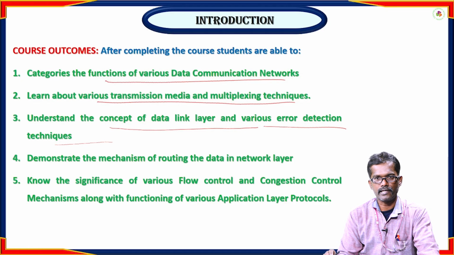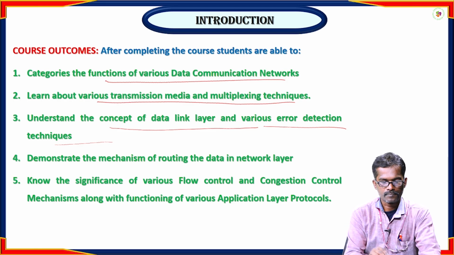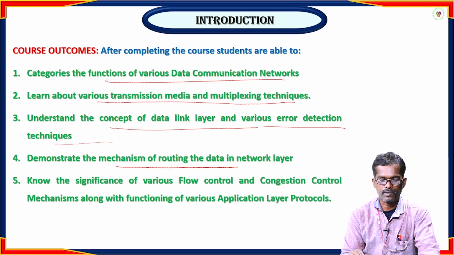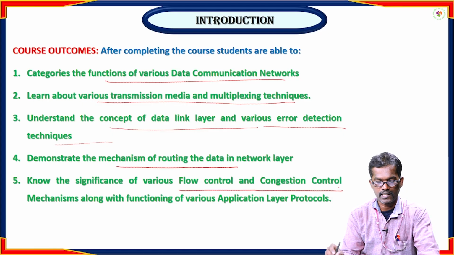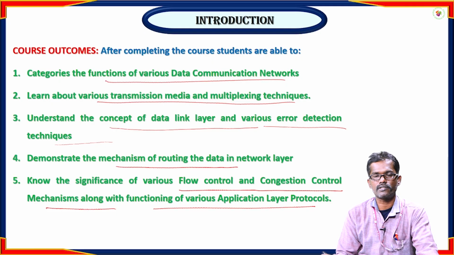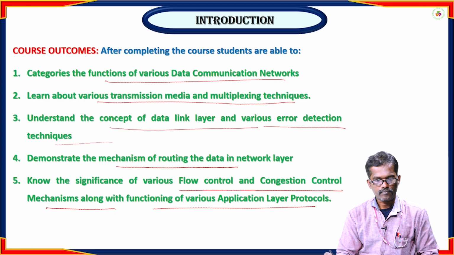Then the mechanism of routing in the network layer. And the last one is various flow control, congestion control mechanisms, and functions of various application layer protocols. These are the 5 course outcomes regarding data communication networks.